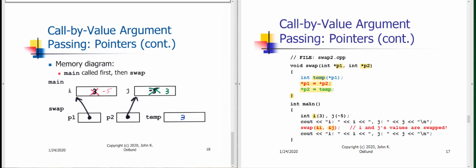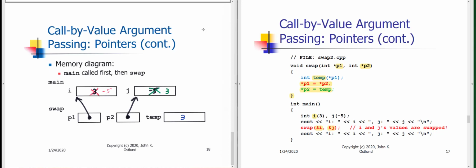The swap function returns, and although I don't have a diagram that shows this, swap's parameter variables and local temp variable are all eliminated from the stack, and all I have left when I get back to main are main's local variables i, which now contains a -5, and j, which contains a 3.